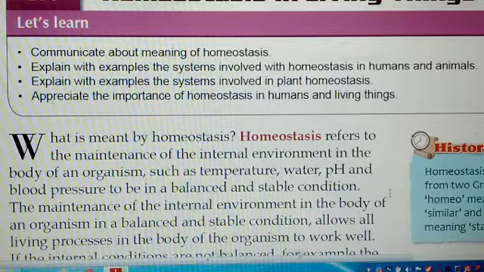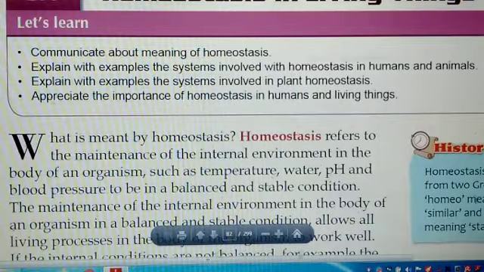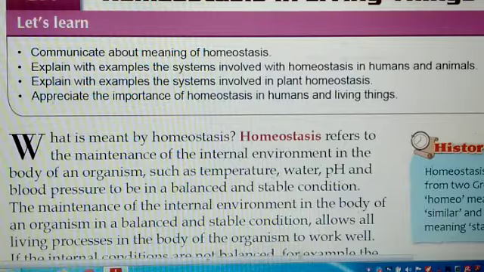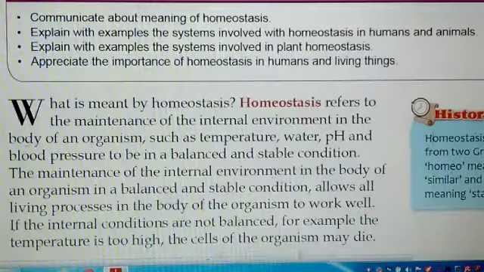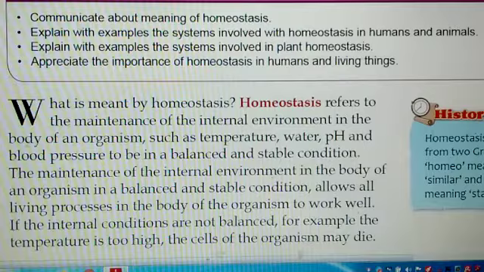The main point here is our body requires a normal condition in order for the processes in our body to go well, and all the processes, especially the chemical reactions inside our body, to work in good condition and function normally.